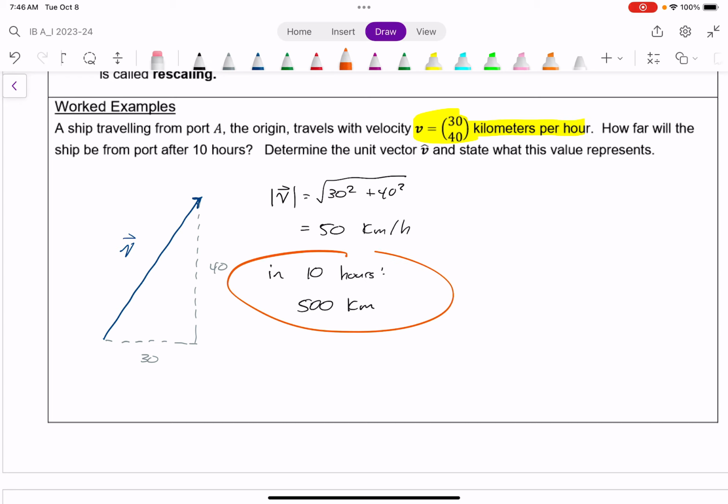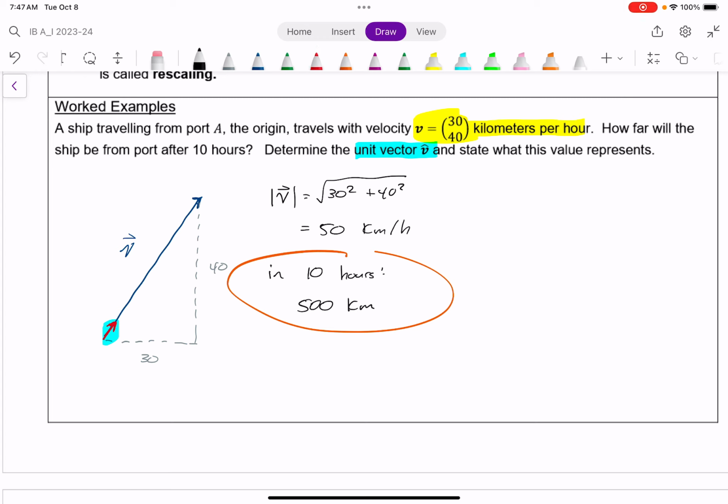All right, as well, I want to determine what the unit vector is and then state what that value represents. So the unit vector is a vector in the same direction as v, but exactly 1 unit long. This vector is 50 units long. And so the unit vector, we can imagine being 1/50th of this vector, but in the exact same direction. And so that's exactly how we'll find that vector.